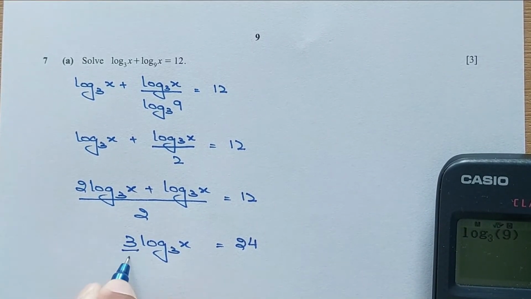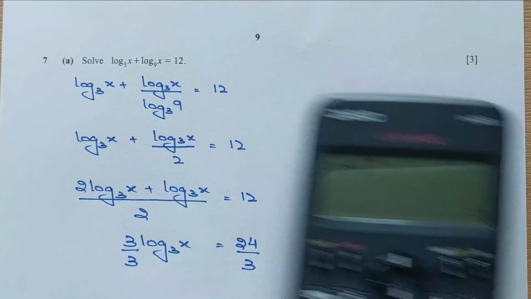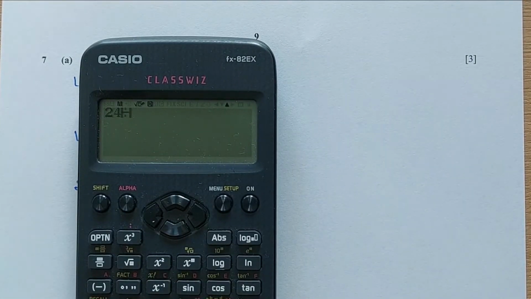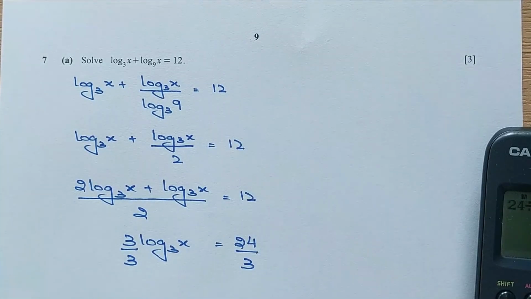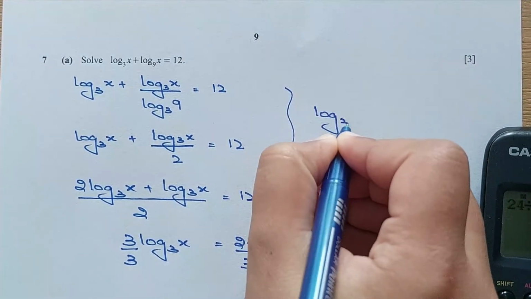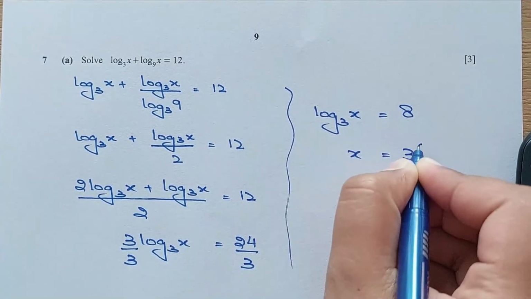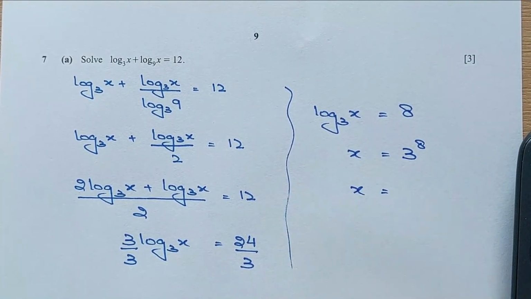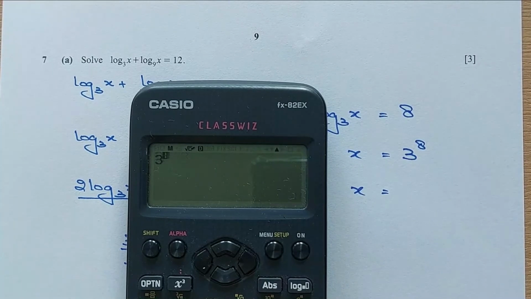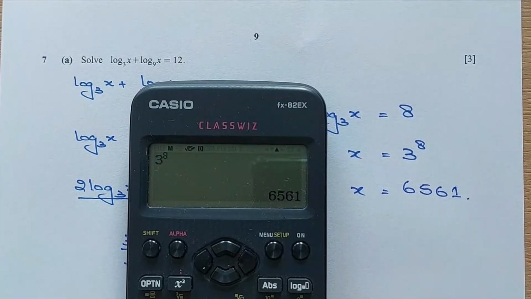So dividing by 3 on both sides, 24 divided by 3 is 8. Yeah, that is it. So from here we have log base 3 x equals to 8 and x value is 3 power 8, and x is equals to, what is 3 power 8? 3 exponent 8 is 6561. So that is the value for x.